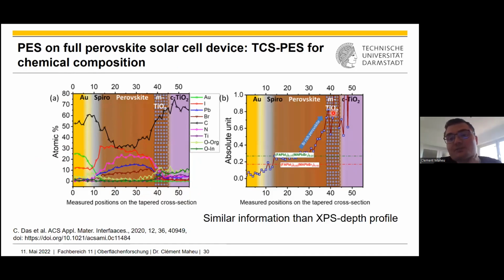And what we found was that when you go closer to this titanium dioxide perovskite interface, you can observe a bromine enrichment of your sample. So that was an evidence of, let's say, ion migration, but it's still under debate if it's due to our polishing procedure or if it's really intrinsic to the solar cell.